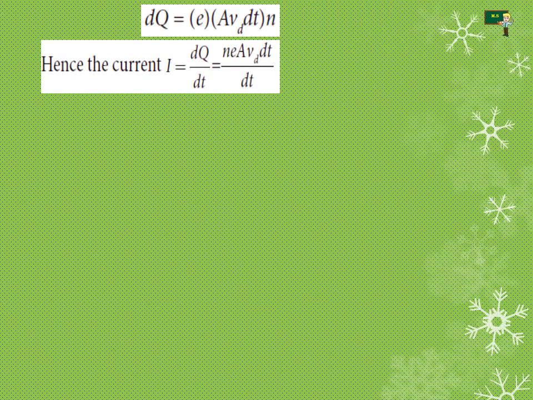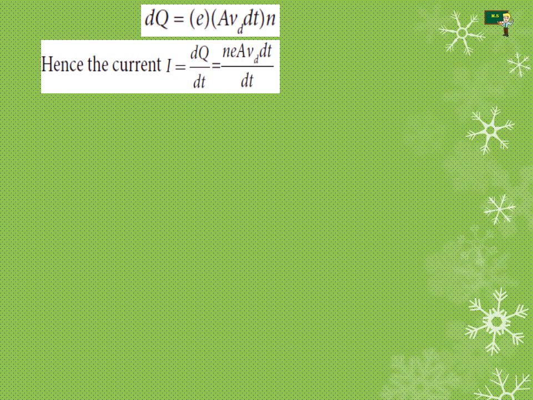dq is equal to e (the electron charge) into A Vd, which is the area of cross section and drift velocity, into the derivative of time dt, and n, that means the number of electrons. Hence the current I is equal to dq by dt.